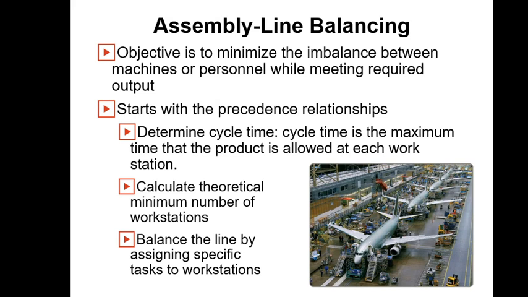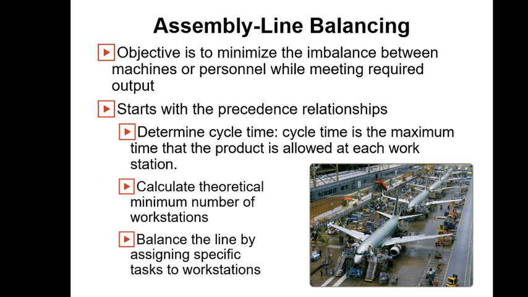Now, in order to do the assembly line balancing, you have to determine what we call the cycle time, the one I mentioned a while ago. Cycle time, what is it? The cycle time is the maximum time that your product is allowed to stay in one workstation.